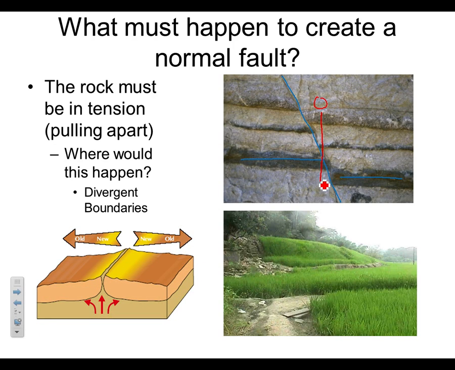There's your head, there's your feet, your arms. The hanging wall is this one. The feet are in this one, so this is the footwall. So you can tell that the hanging wall went down. Look at these two lines. The hanging wall went down. So that is a normal fault. So it happens at divergent boundaries.